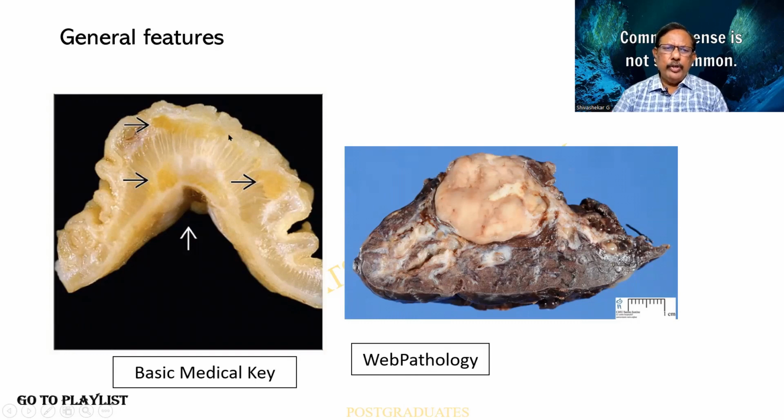There can be a protrusion of the mucosa in a pseudopolypoid manner. So this can be in the GIT. Elsewhere, in the lung, etc., again it can form a solid nodule, well circumscribed lesions.